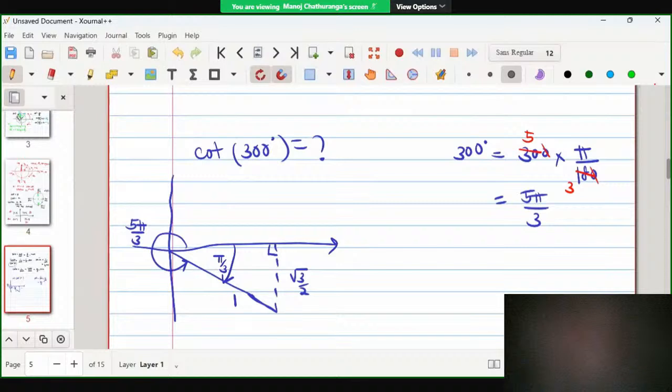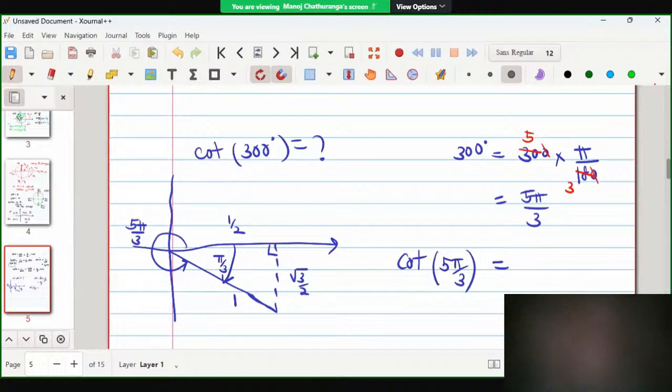Cosine pi by 3 is 1/2, so the adjacent side is 1/2. Now, for cotangent of pi by 3, we know cotangent is cosine divided by sine.